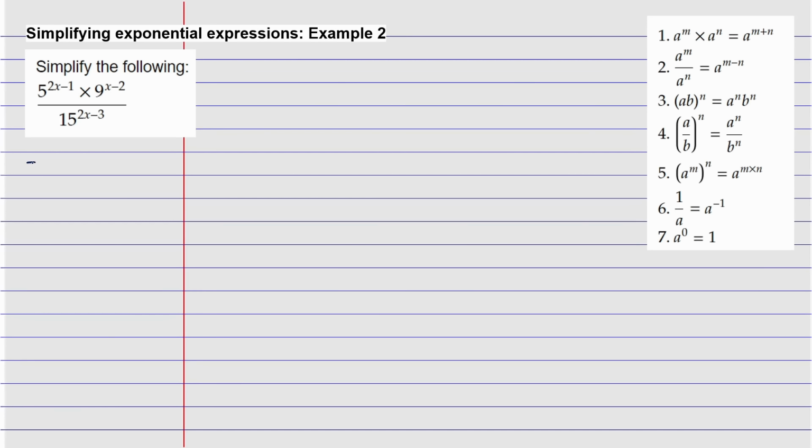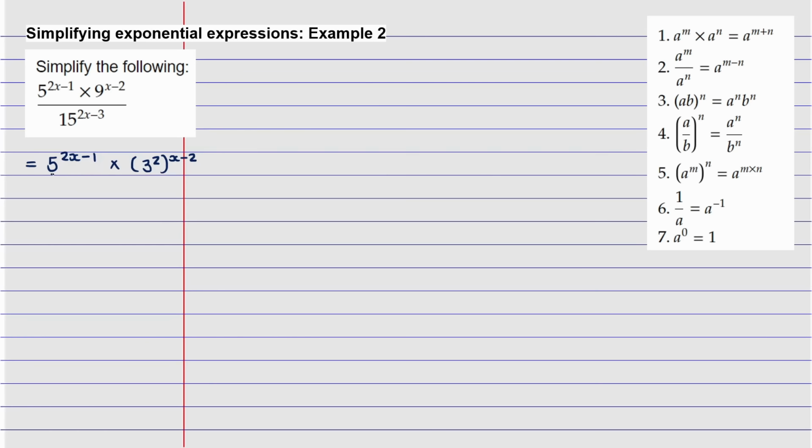So here, 5 does not change. So this is going to be 5 to the power 2x minus 1. Then this is multiplied by 9, which changes into 3 to the power 2. So this is going to be 3 to the power 2, then x minus 2. Remember that when you change it, it needs to be inside the bracket.